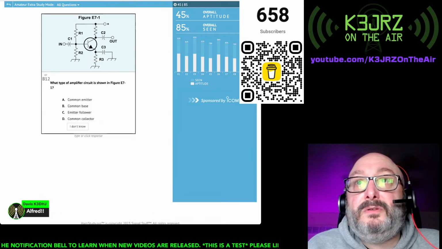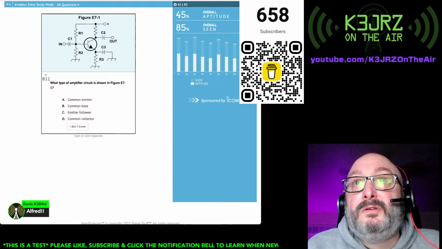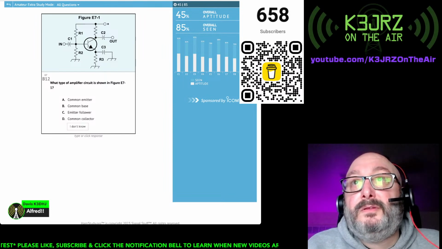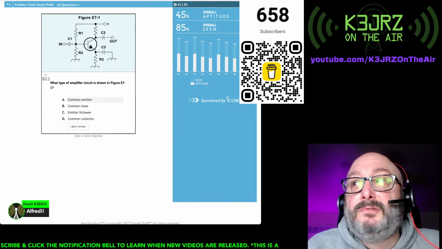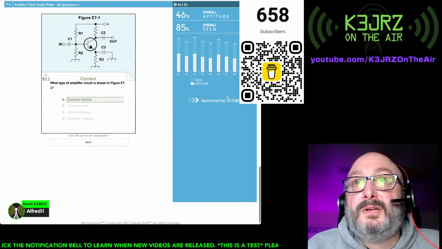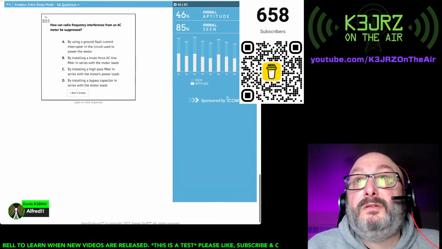What type of amplifier circuit is shown in Figure 7E71? I have no clue. There's a transistor. Common emitter. All right, 46%. I think that's pretty good.